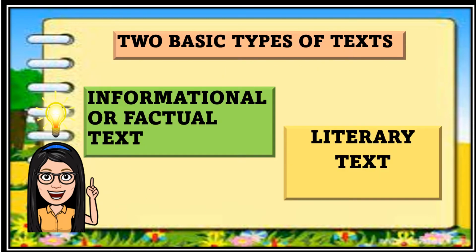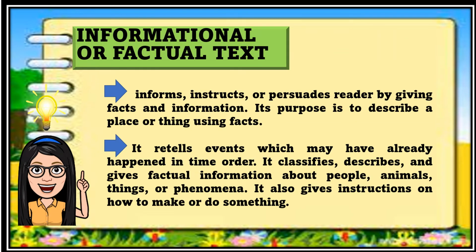There are two basic types of text. We have informational or factual text and literary text. What does informational or factual text mean? It informs, instructs, or persuades the reader by giving facts and information.